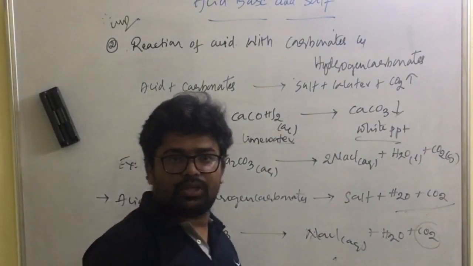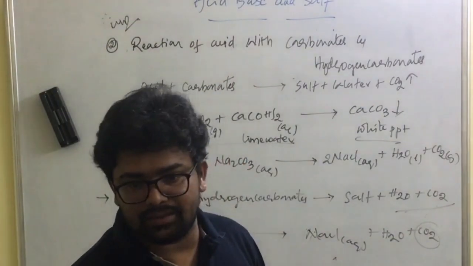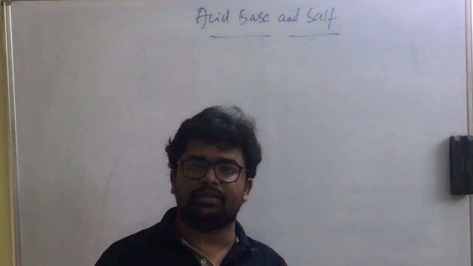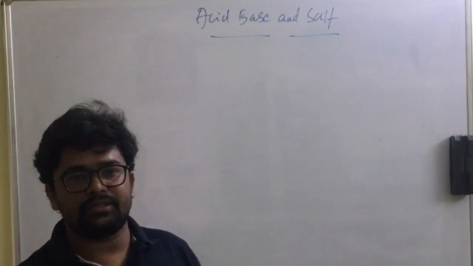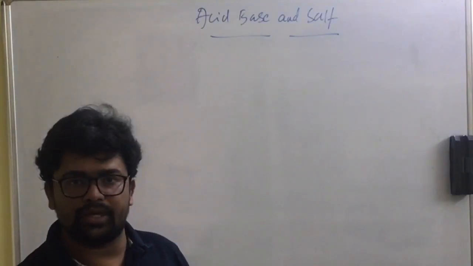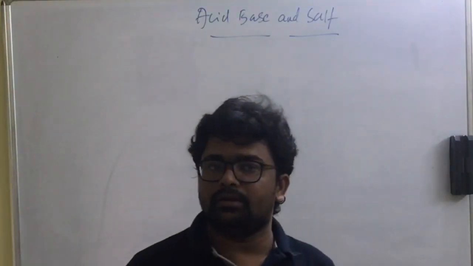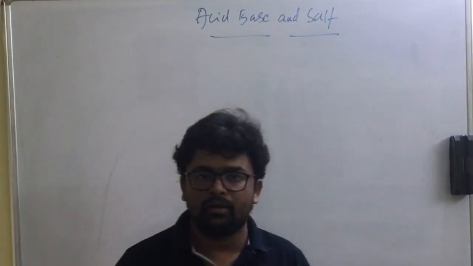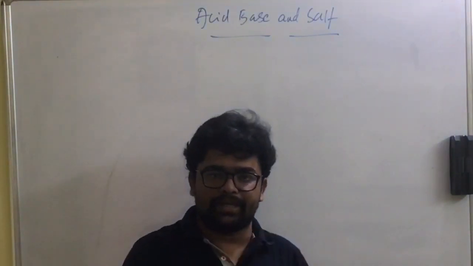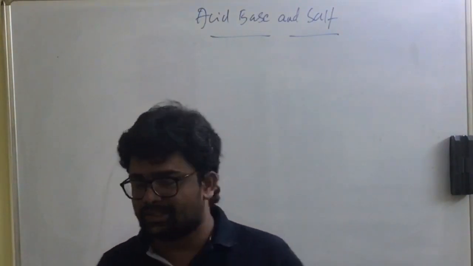Now let us move to the next chemical property of acids and bases. We have seen reaction of acid with metal, reaction of acids with carbonates and metal carbonates, and reaction of base with metal. Now what will happen when acid reacts with base, or base reacts with acid?